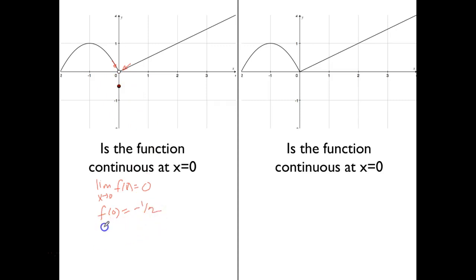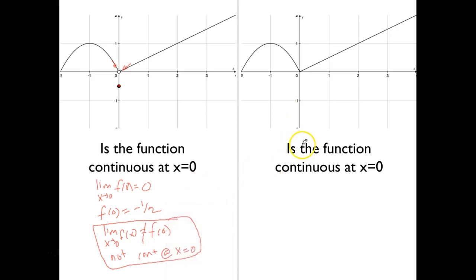Okay, the next thing, does the limit as x approaches 0 of our function equal f of 0? Well, no they don't. They're two different things, so they do not equal. So it's not continuous at x equals 0. And there's your reason why. The limit does not equal the point.